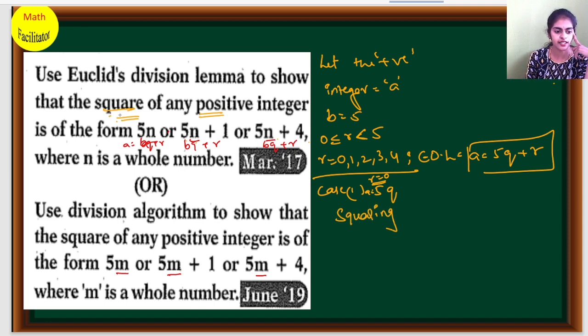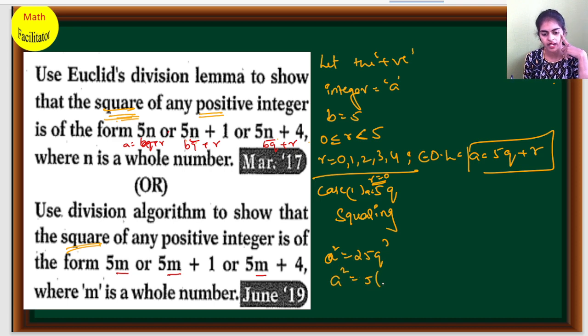Because in the question they are asking you square. So you will square. So a square equal to 25q square, or I can write a square equal to 5 into 5q square, or I can write this is 5 into n. Okay, for this question, for the first one, you will write it as n. If it is the second one, you will write it as m. Okay, so whatever is given to you, that variable you will take.